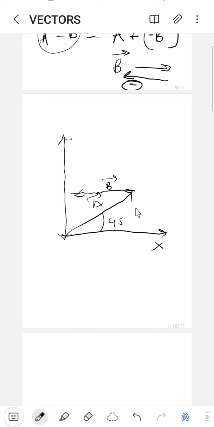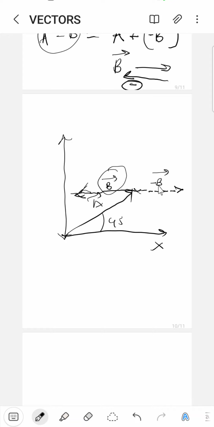Again, negative B is the opposite in direction to B itself. B was in this direction, so negative B should be exactly the same magnitude, different direction from B itself. So from this same point, negative B is moving in this direction. Opposite direction, 8 units, but different direction. And so this is going to be negative B.